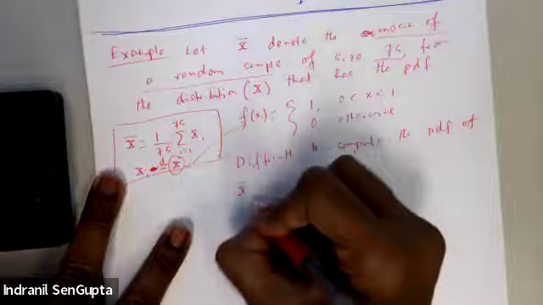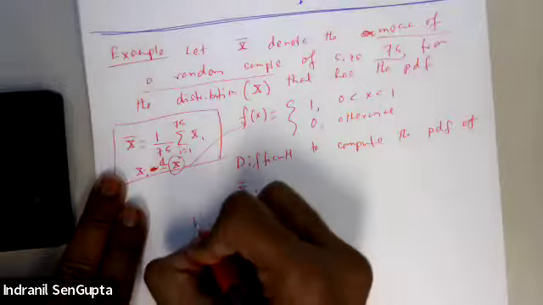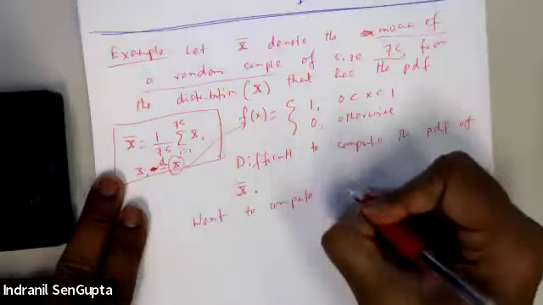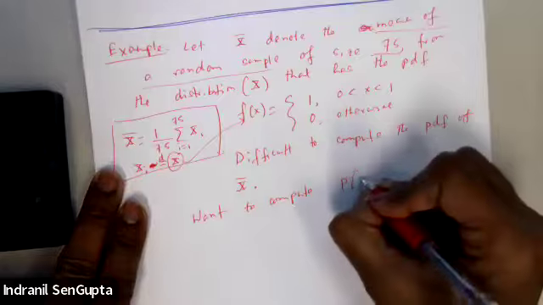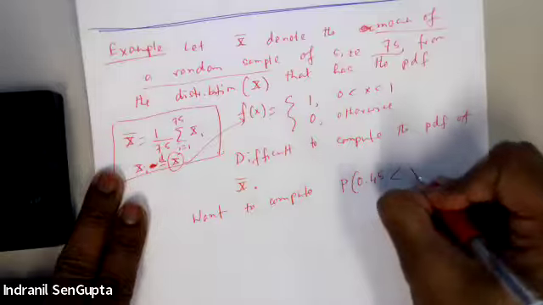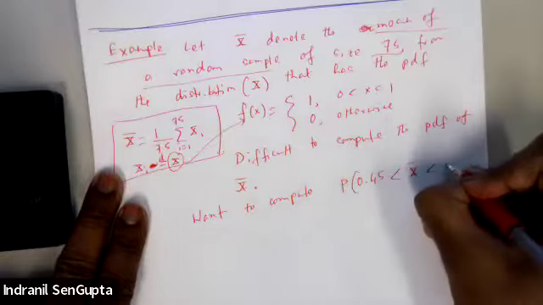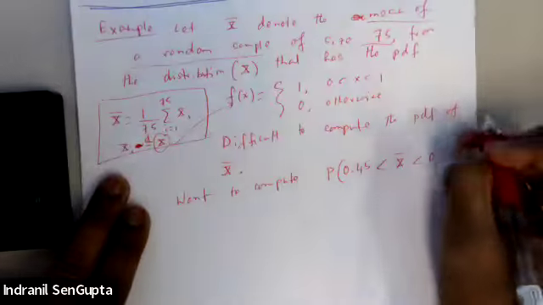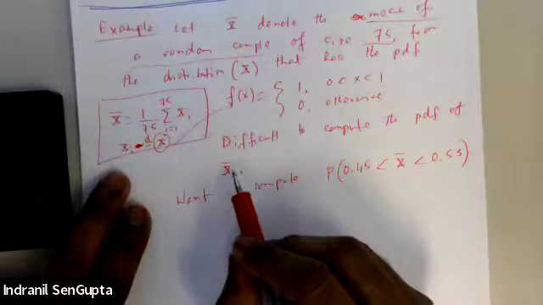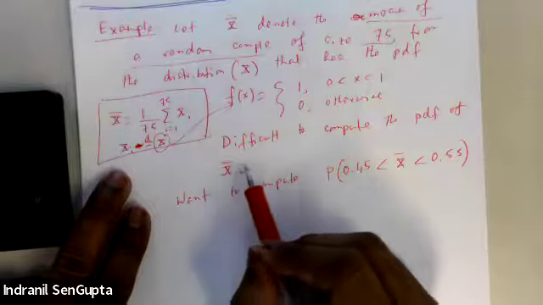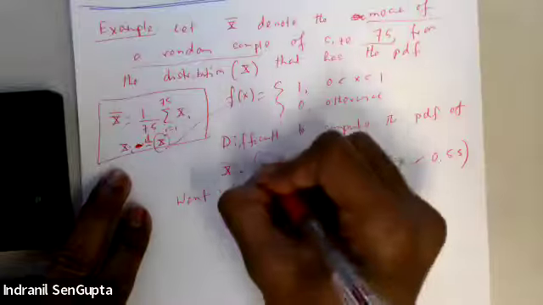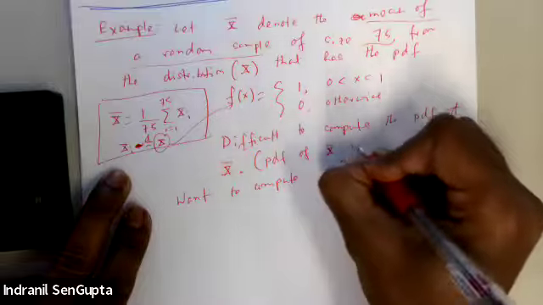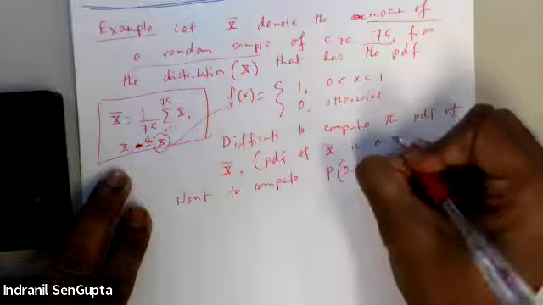And consequently, suppose I want to compute, say, the probability of minus 0.45 less than X bar less than 0.5. It'll be very tough, in the sense that I don't know if it's ideally computable. So the PDF of X bar is a mess.